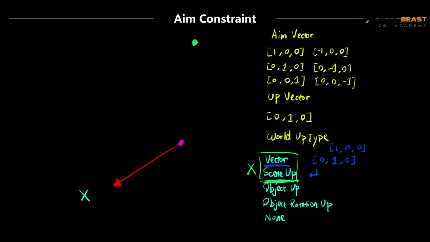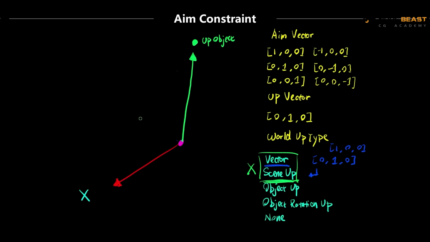We find the point. This point is our up object. Then we draw a line between the up object and the driven object. This line represents the direction of our up vector. This way, we've defined the direction of our up axis. And similarly, we know the x and y axis, so correspondingly, we know where the z axis is.